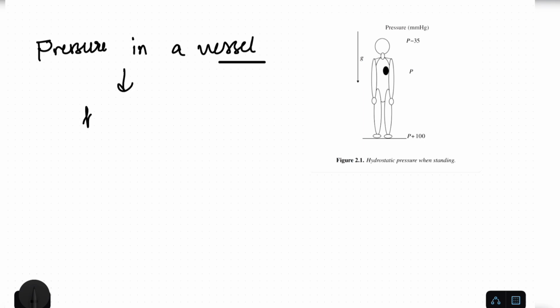Now, if we see this diagram, the pressure in the vessels depends on the shape and size of the human body, which is filled with blood. It would be expected to be more than 100 mmHg because of the hydrostatic pressure effect when a person is standing.